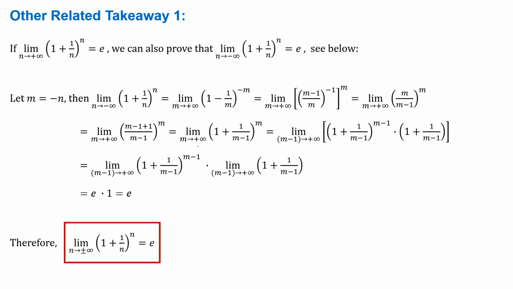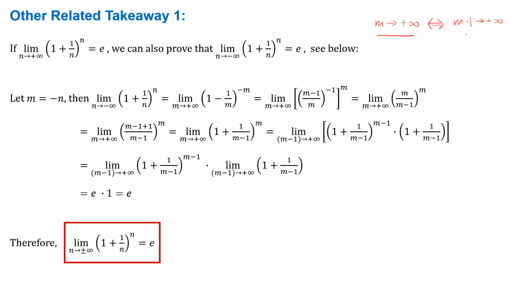Okay, so basically when m approaches positive infinity, this implies that m minus 1 also approaches positive infinity, right? And the reverse process is also true. When m minus 1 approaches positive infinity, it also implies m approaches positive infinity, right?